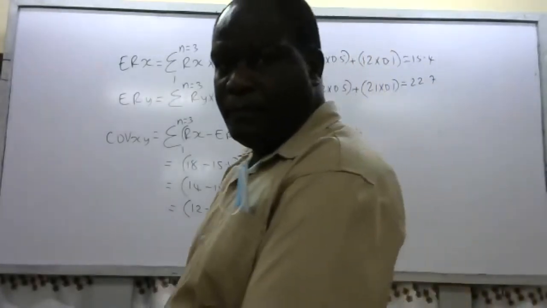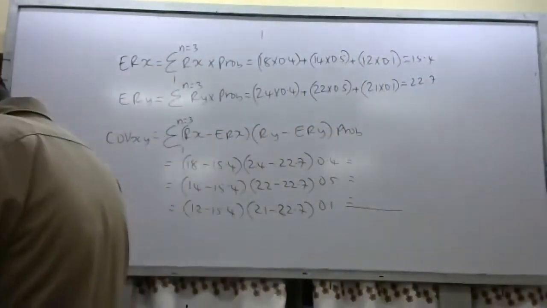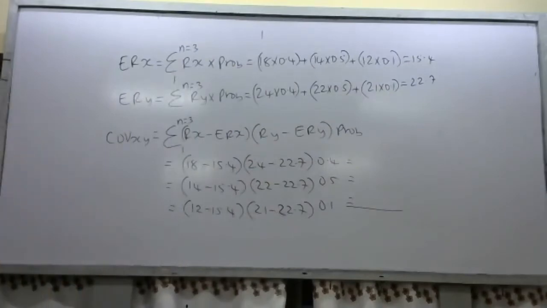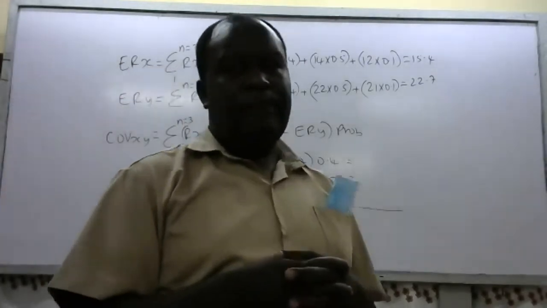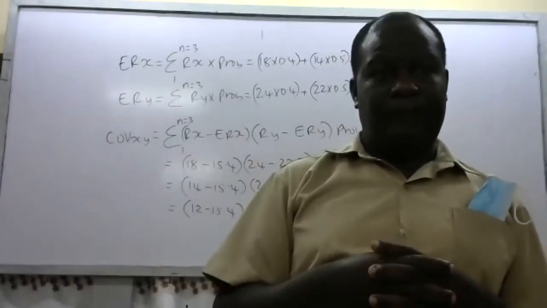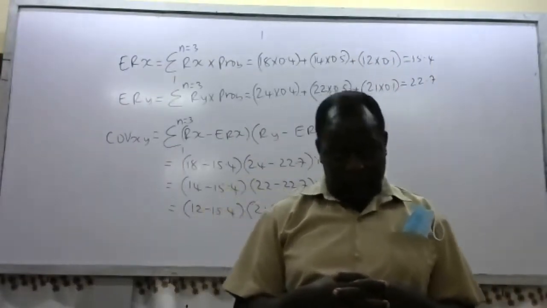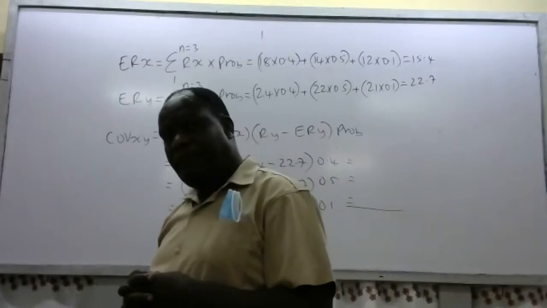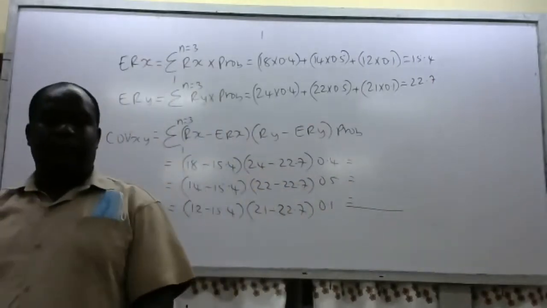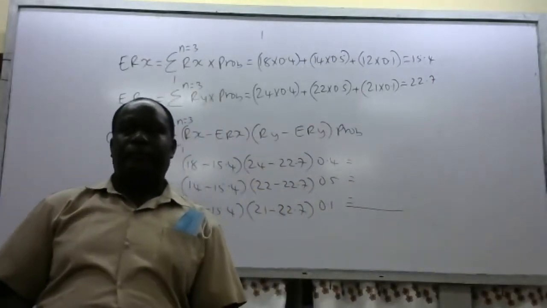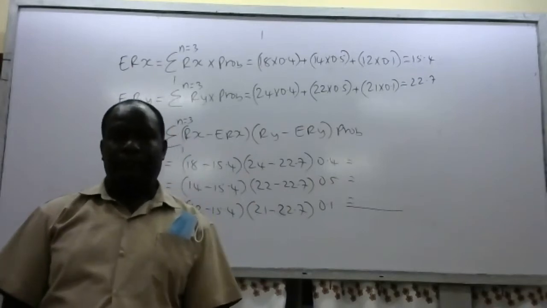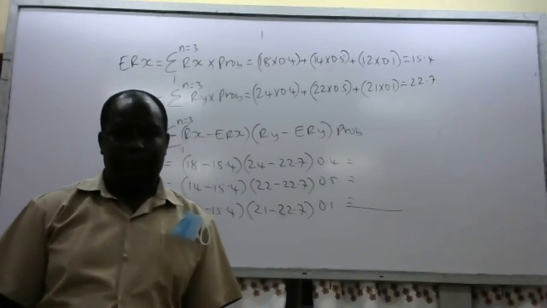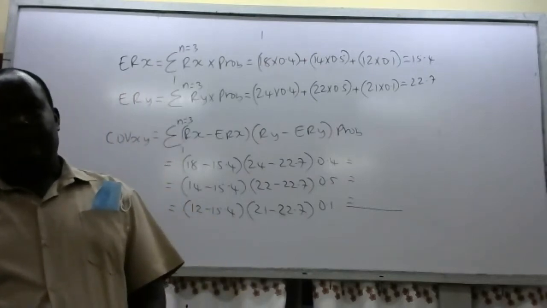Okay, so you have an example. Example 1. So we are going to define 3, 1, and 2, the value of x.